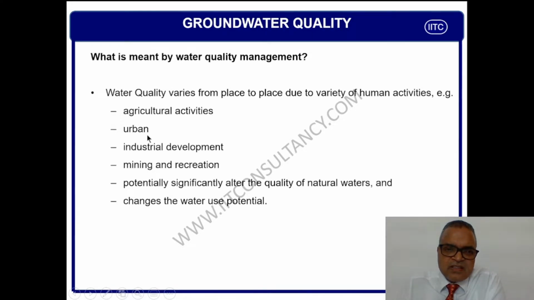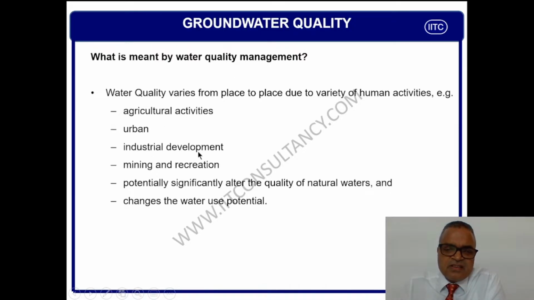Urban activities. In urban areas, you probably have RCC roads everywhere, and you also have some waste generation. This waste is stored in a waste storage yard, and that area is poorly managed. So the leachate collected from the waste in the urban area may be responsible for changes in water quality.